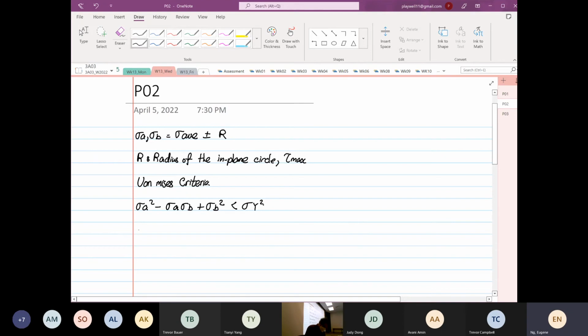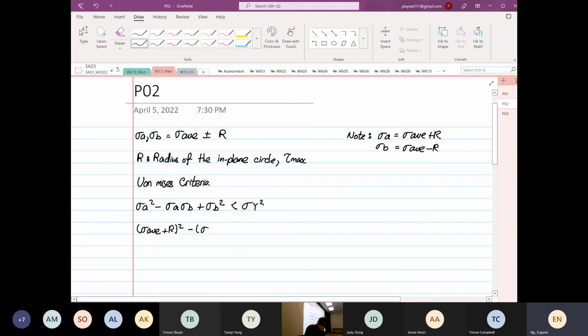So if you look at stress A, stress A is stress average plus R, squared. Let me do some side work over here. Note that stress A is equal to stress average plus R, and stress B is equal to stress average minus R. Let me define that.